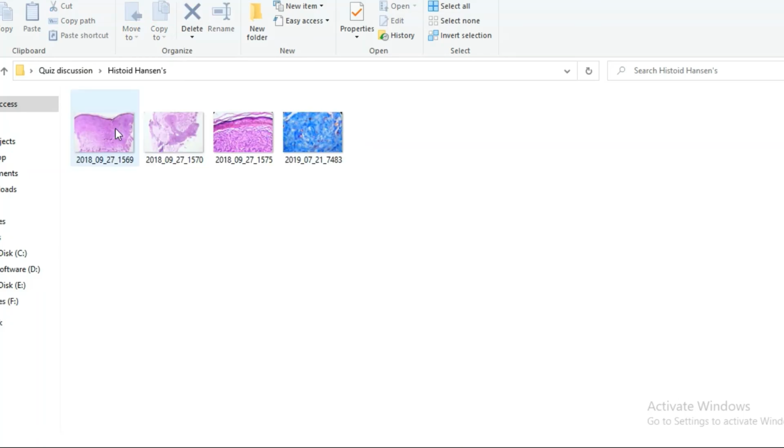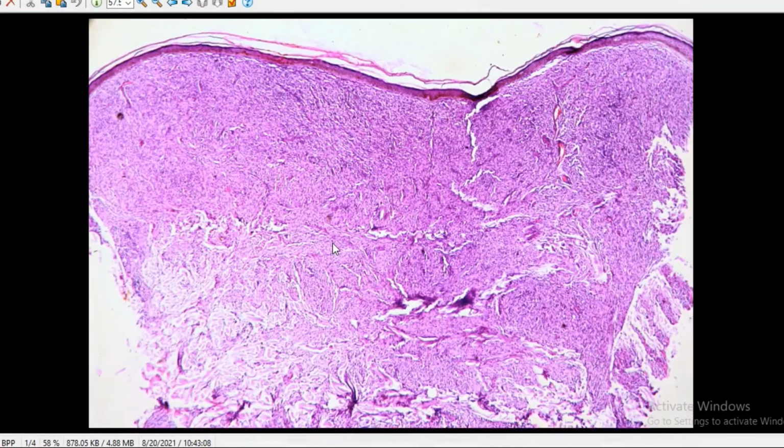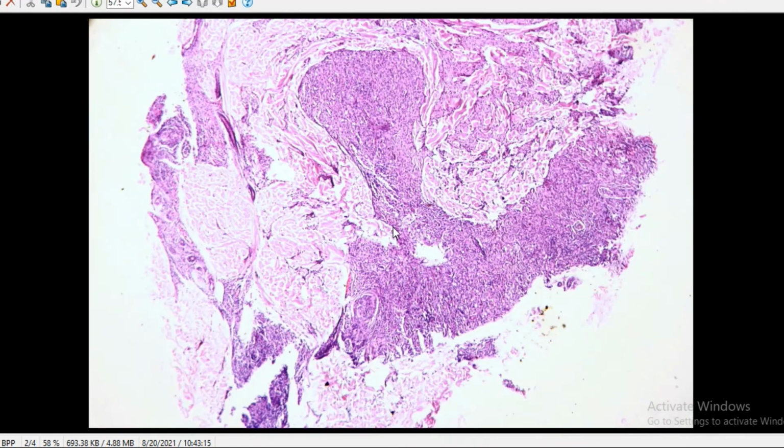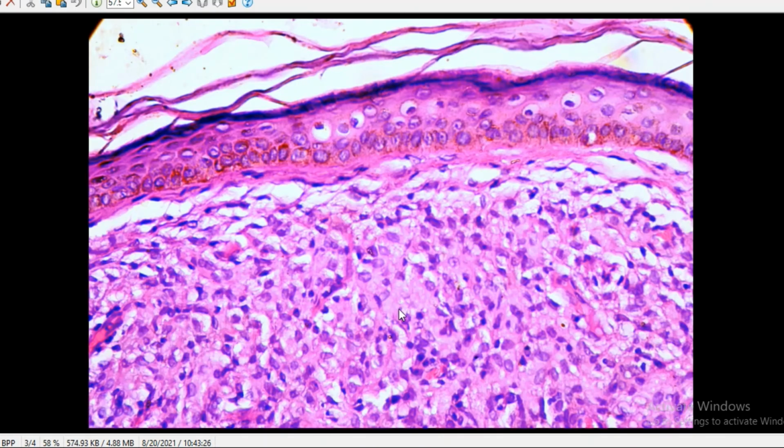Now, how about histoid Hansen's? Histoid Hansen's can look like a dermatofibroma on low power. That's why it's called a histoid lesion. However, in histoid Hansen's, the clue is pretty obvious in some sections. You can see here the clear neurovascular bundle proliferation or proliferation of inflammatory cells along the neurovascular bundles.